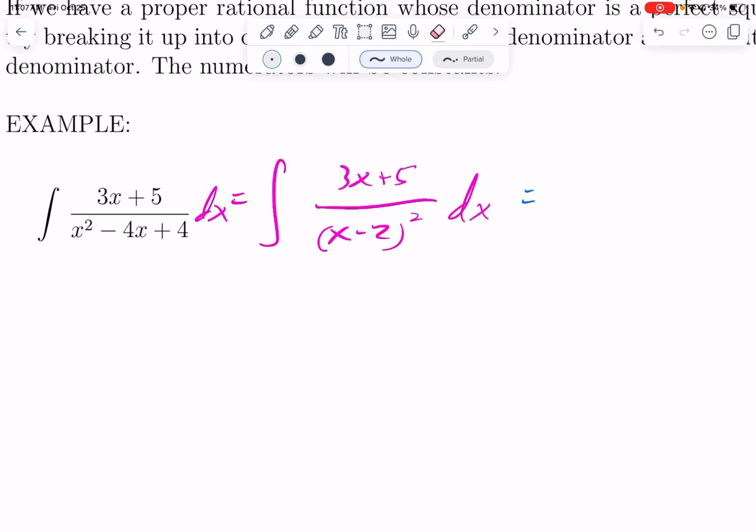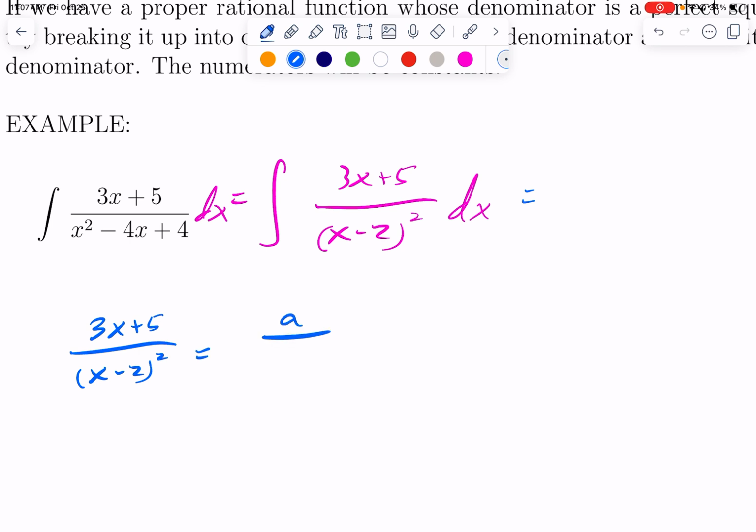And here's how it works. I am going to say that 3x plus 5 over x minus 2 squared is some constant a over x minus 2 plus some constant b over x minus 2 squared. You'll notice this is not the same as this because here it's just a constant.